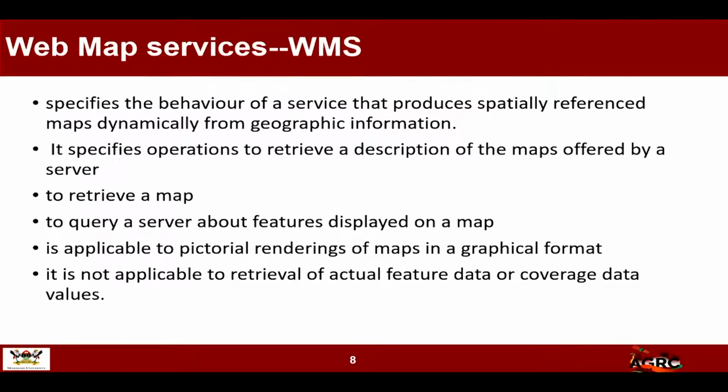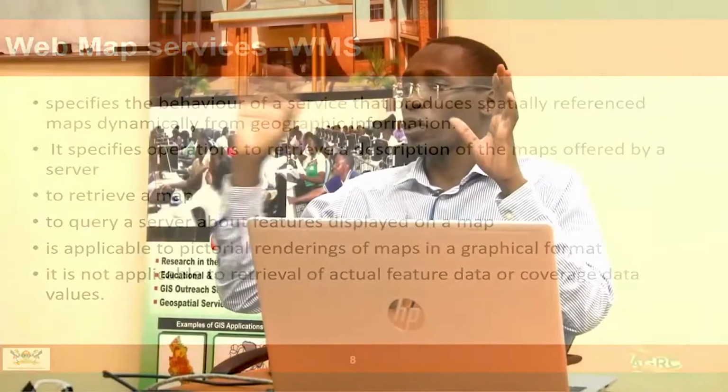So in the first instance, once you want to communicate with this server, once I've given you the link, the first thing that you have to do is to ask the server, what are you capable of? For us, we call it a get capabilities document. So you need to tell the server, I need the capabilities of the server.